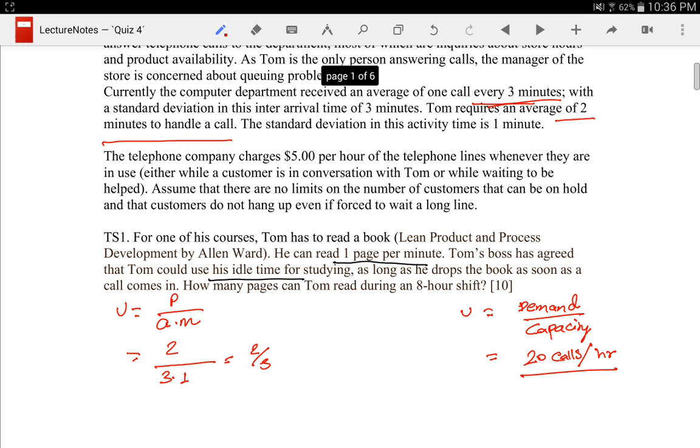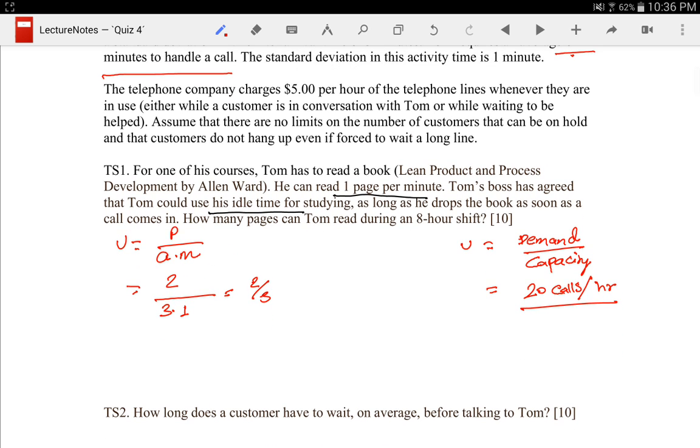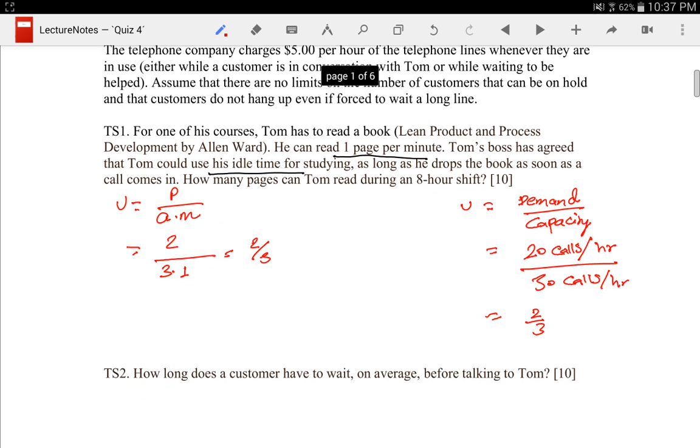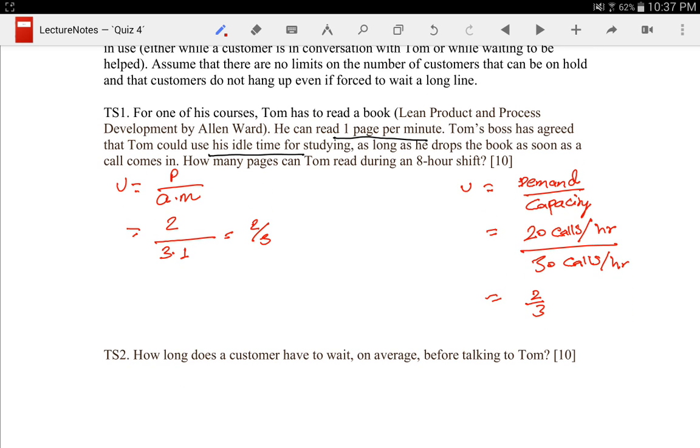The capacity is that he can handle a call in 2 minutes, so he can handle 30 calls per hour on average. So his utilization is again 2/3. No matter how you do it, you get the utilization as 2/3, or 66%.